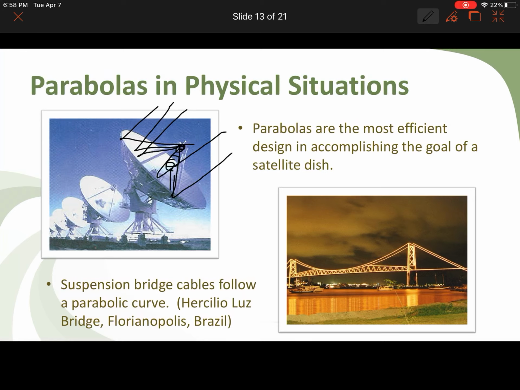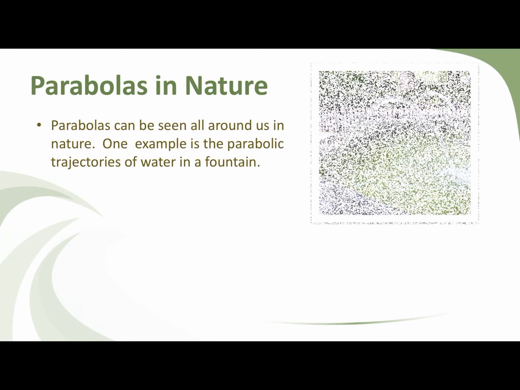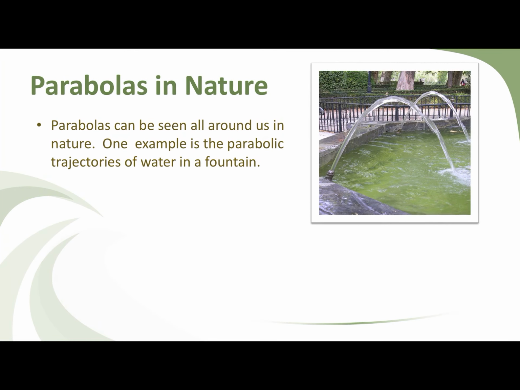Bridges often go in a paraboloid, especially suspension bridges. When the wires hang down, they hang in a parabola. Just like when we talked about gravity with a falling object, gravity pulls things in a way that we get parabolas.